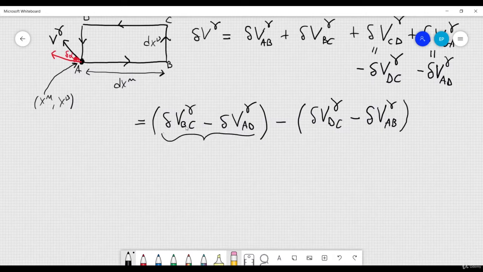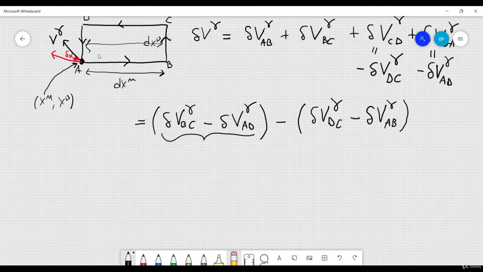Take a look at this one. Here we first change v along AD and BC, and in that case we are varying the coordinate x^ν, and after that we consider the difference between them. So in this case we are changing the coordinate x^μ.